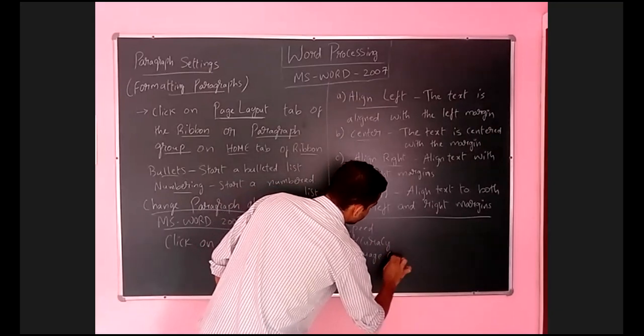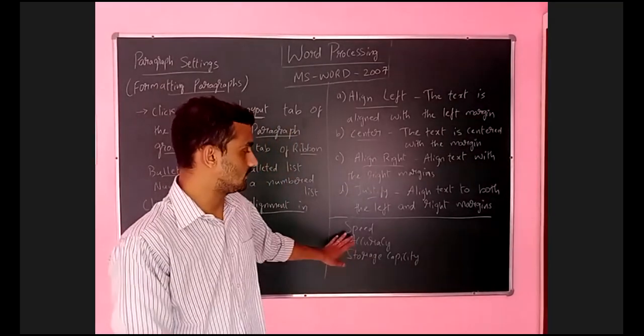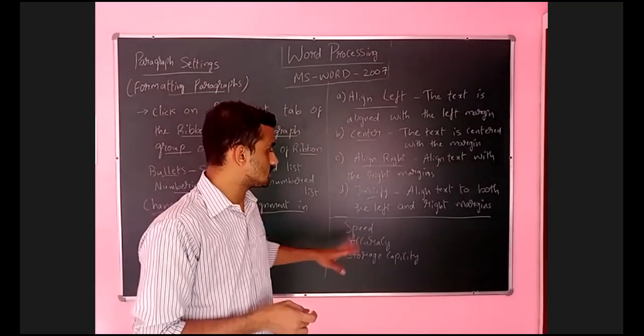There are many characteristics of a computer: speed, accuracy, storage capacity.